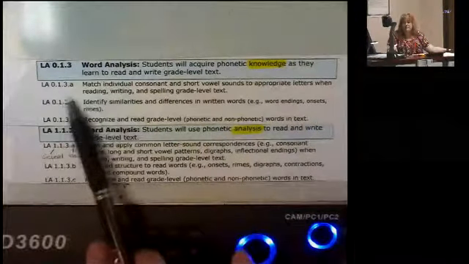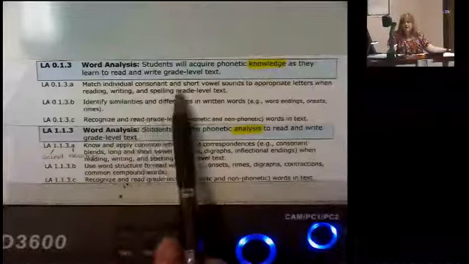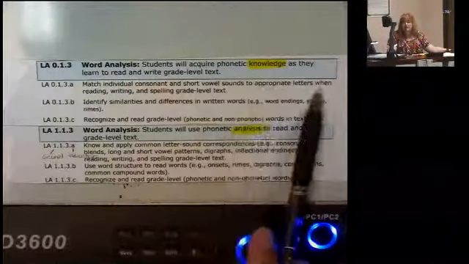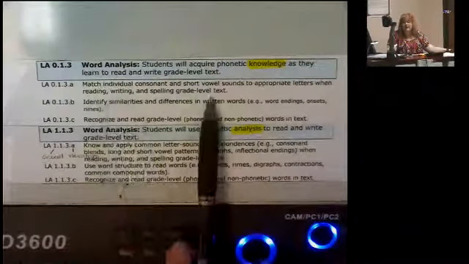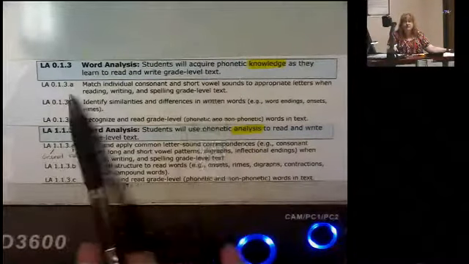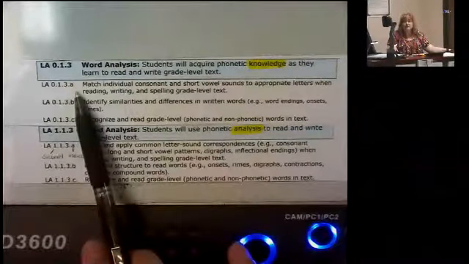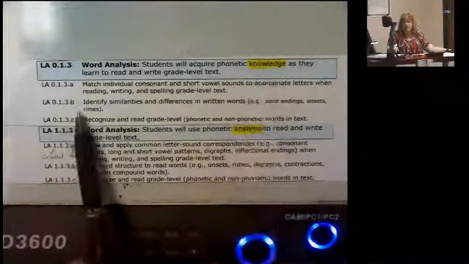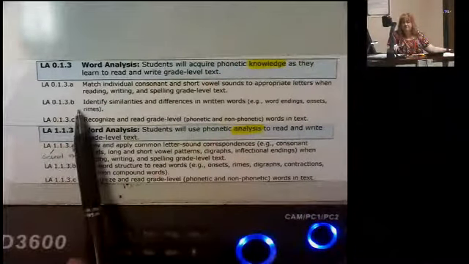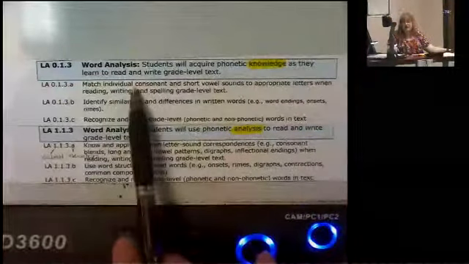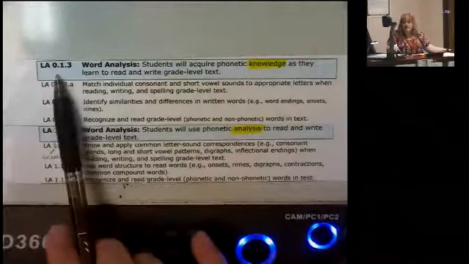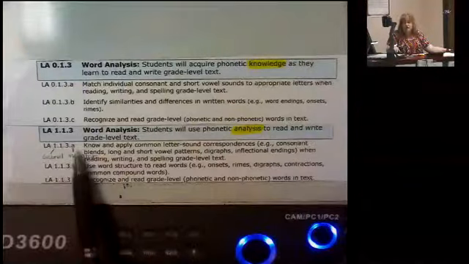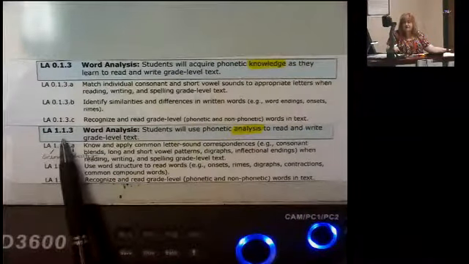So let's take a look up here at the knowledge standard for word analysis. Indicator A says match individual consonant and short vowel sounds to appropriate letters when reading, writing, and spelling. So when they can do this, it shows us that they're on their way towards mastering this standard. Let's look at indicator A for first grade and see how it is different.